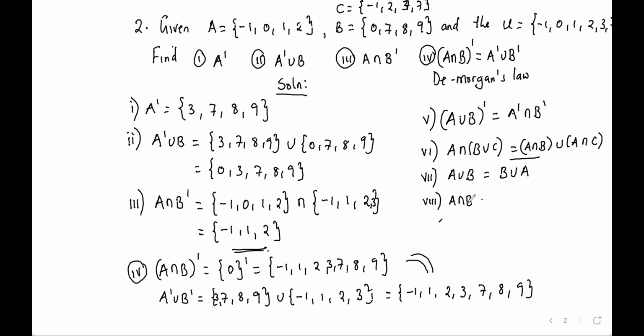A intersection B, is it equal to B intersection A? A intersection empty, is it equal to A? Just try and see if they are true. A union empty, is it equal to A? A intersection empty must be equal to empty and not A. Just try and use them with those sets to see these properties are satisfied.